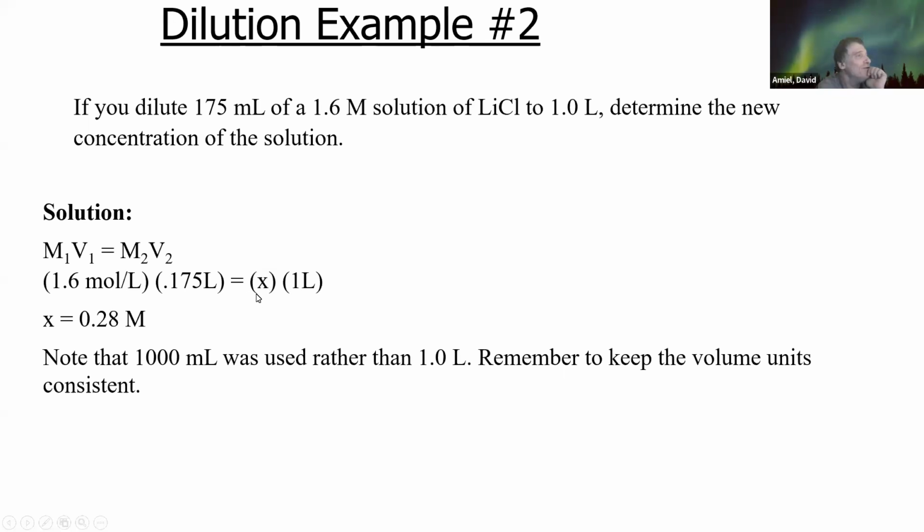I should have written V2 in there. Excuse me, C2 or V2 or M2. Sorry, getting my letters confused here. That is M2. And we come up with an answer of 0.28 molar. So very similar approach to dilution problems. You write down the dilution equation, figure out which variable is missing, isolate that variable, and there you go.